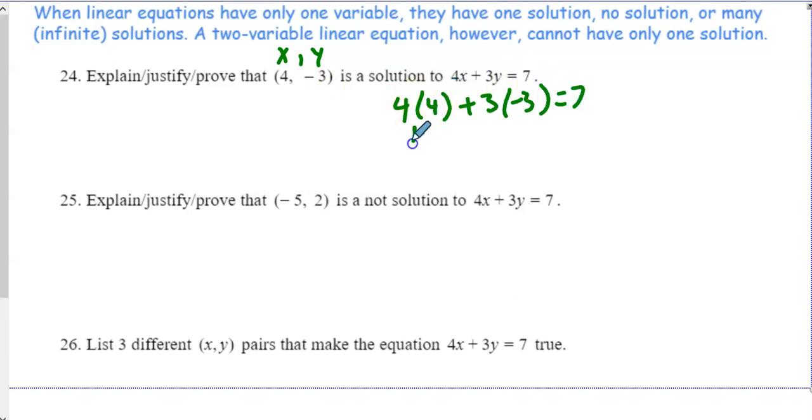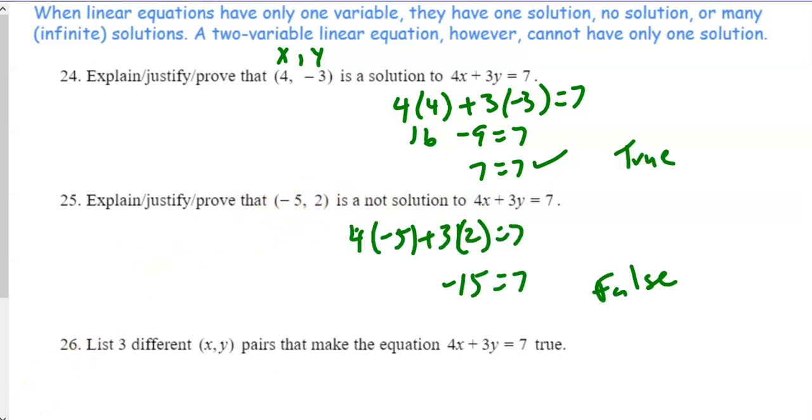So if I go ahead and solve this, I get 16 minus 9 equals 7. So yes, this is true. That works. Okay, so next one, if I do the exact same thing, I want you to plug those in. Pause the video, show me what you get when you plug in negative 5 for x and 2 for y.